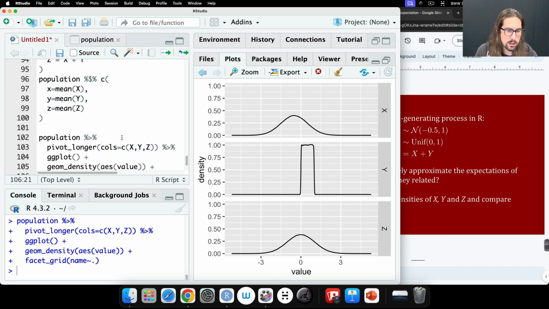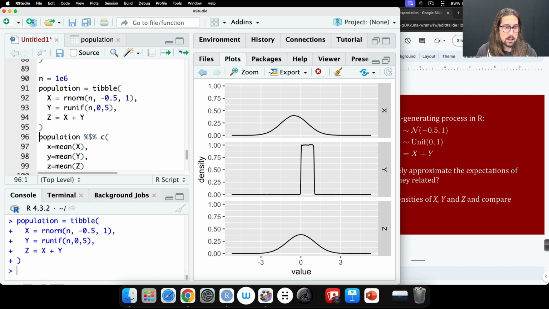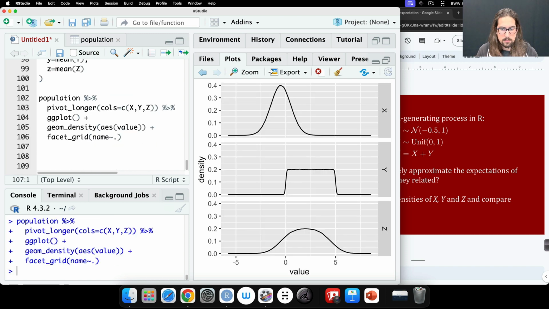And you can see that more clearly if we instead make it uniform from, let's say, 0 to 5. We're going to see a lot more spread happening because we're spreading out locally. And you see that that's exactly what happens here. So this is our value of x, and then this is my value of y, and then my value of z.